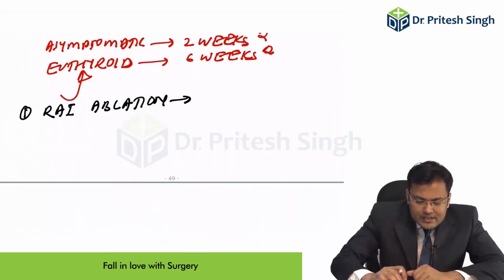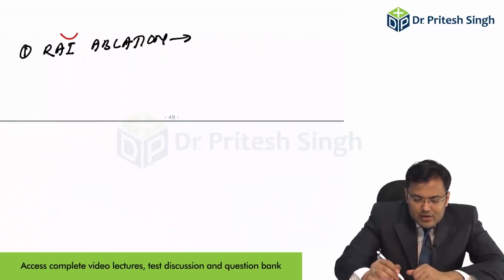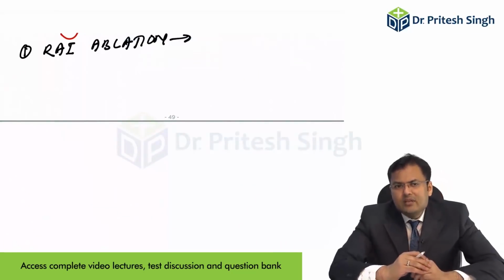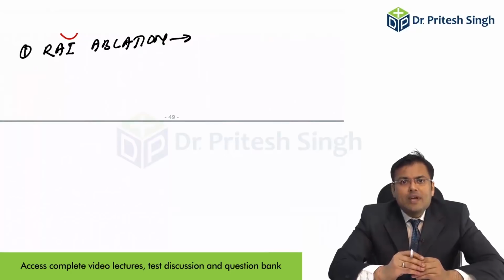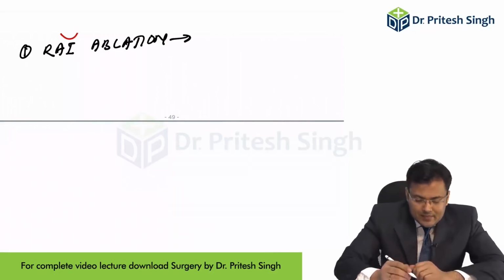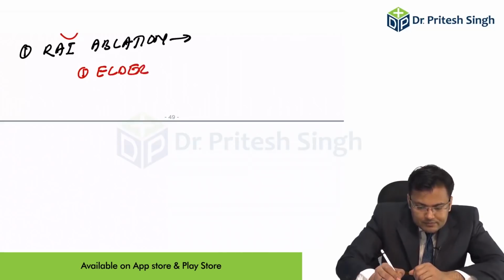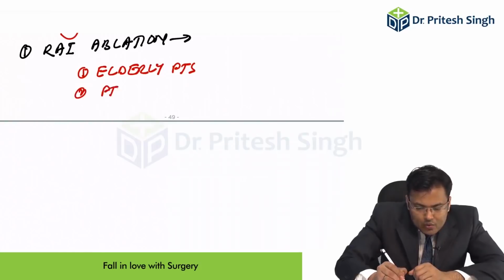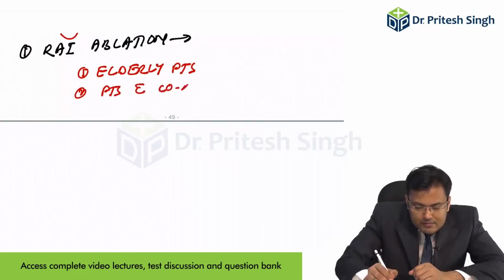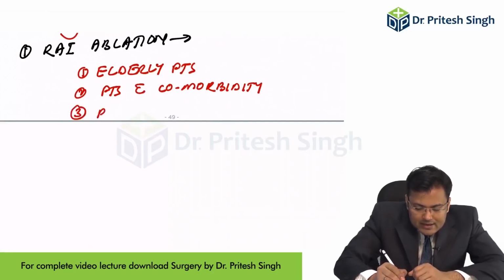In which case will we go for radioactive iodine ablation? The conditions where we cannot perform surgery, like elderly patients. Second, patients with comorbidity. And third, recurrence after surgery.